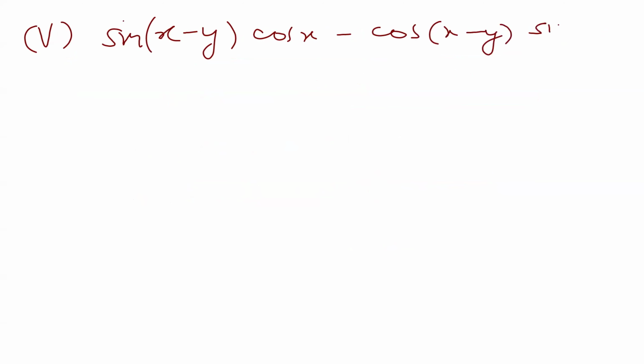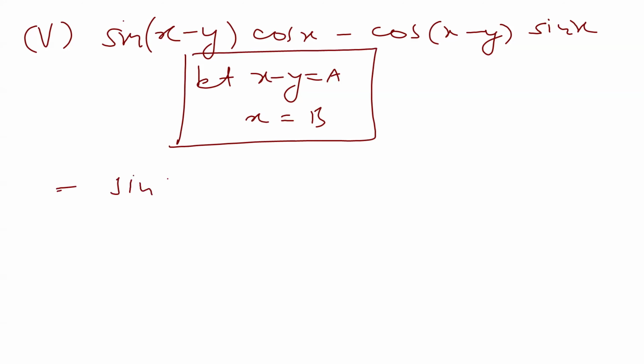So sine (x minus y) cos x minus cos (x minus y) sin x. Let x minus y be A and x be B. So this can be written as sin A cos B minus cos A sin B. So this is equal to sin (A minus B).